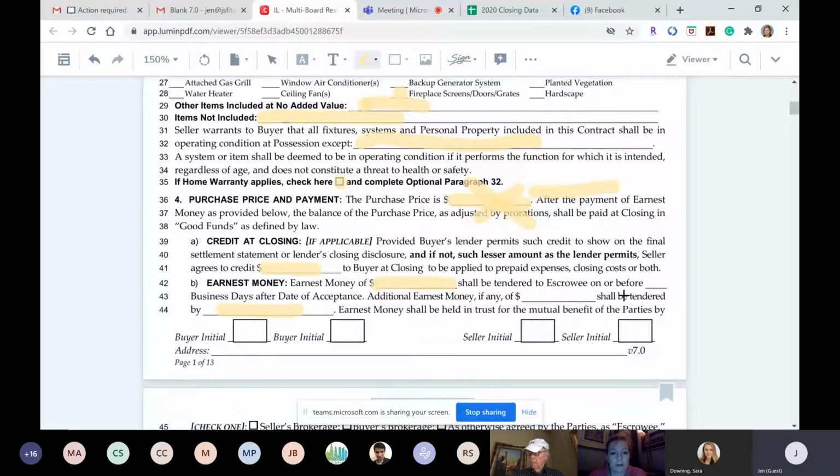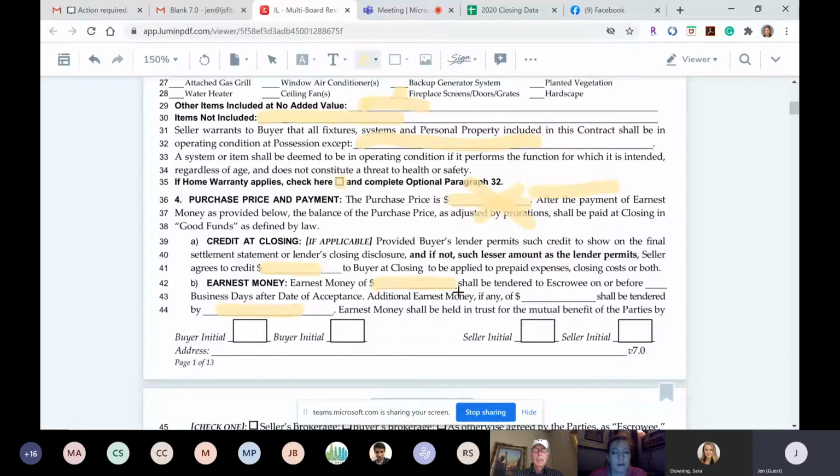I also wanted you to take notice that if you're used to the car contract, this is treated a little bit differently. So you have your initial earnest money, that's the same. Additional earnest money in the car contract, it states additional earnest money will be up to.